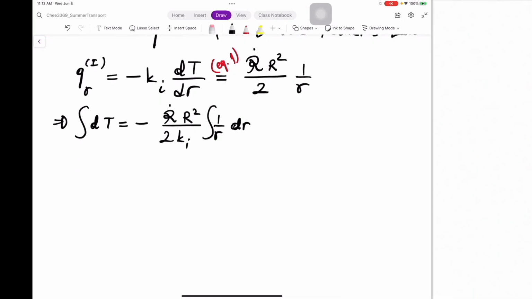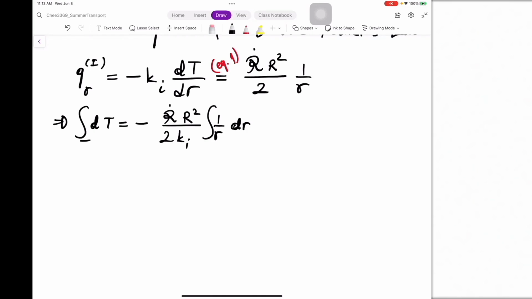out of the integral. And this gives you t is equal to minus. You can either write this and write down the boundary conditions, or you can just write your boundary condition exactly at this point.